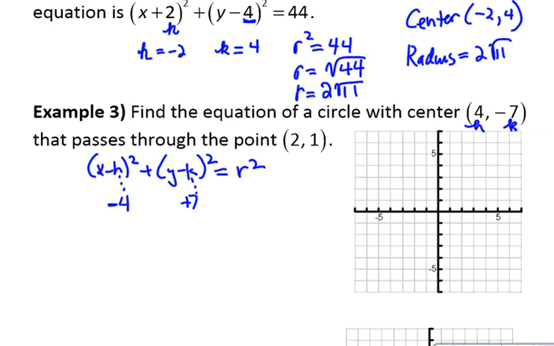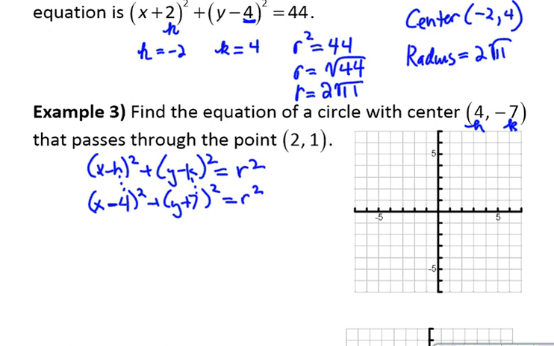But we still don't have r yet, so we need to figure out what r is. To write the equation of a circle, we have to have a specific center and a specific radius. At this point we have (x − 4)² + (y + 7)² = r², and we need to figure out r.